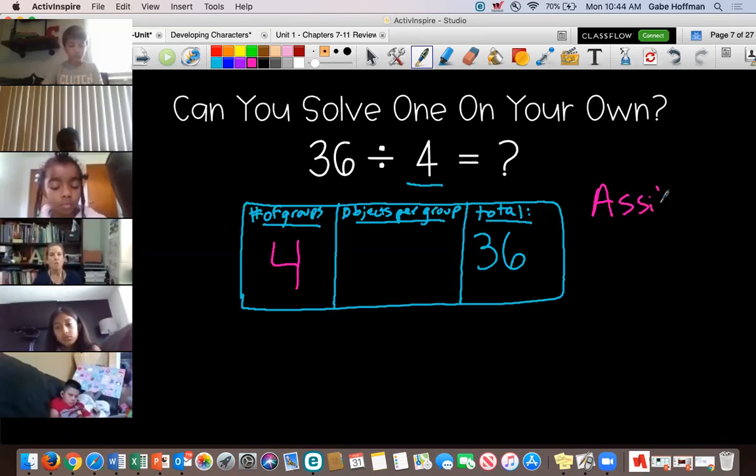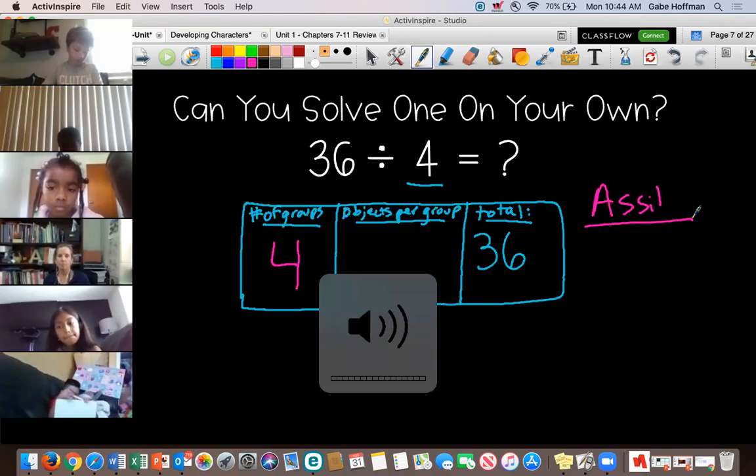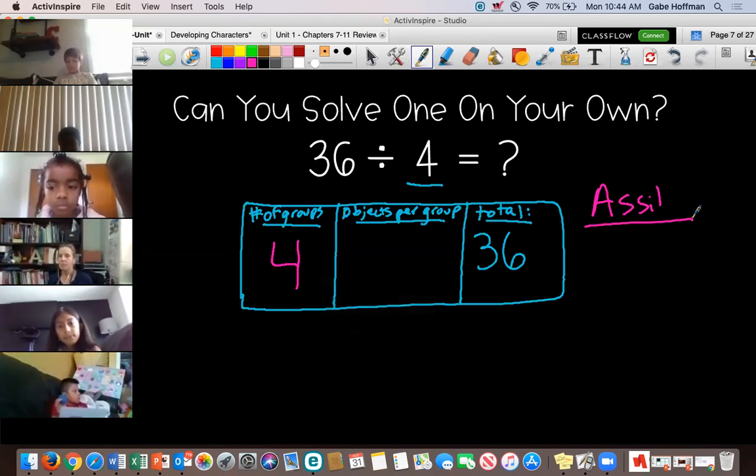Okay, so I didn't do the circle thing, but I got the answer. I just kept on thinking what number would it take to get to 36.